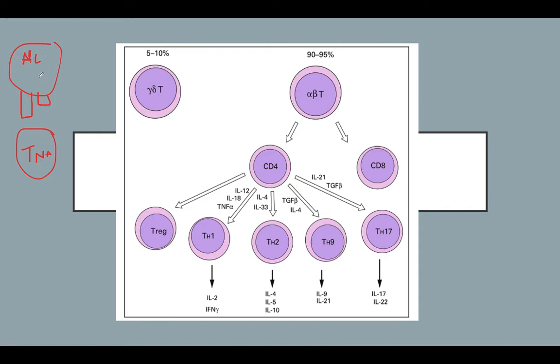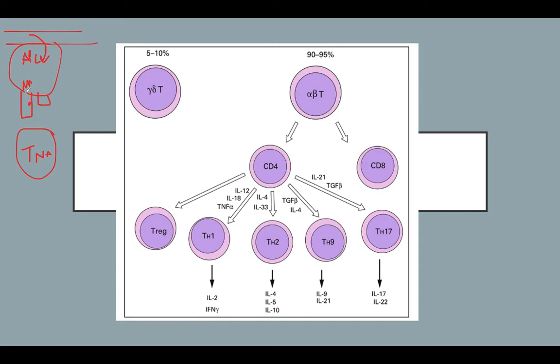The antigen presenting cell will encounter the pathogen in the blood or in the tissue, and finally it will internalize it and present some of the particles on MHC 1 or 2.